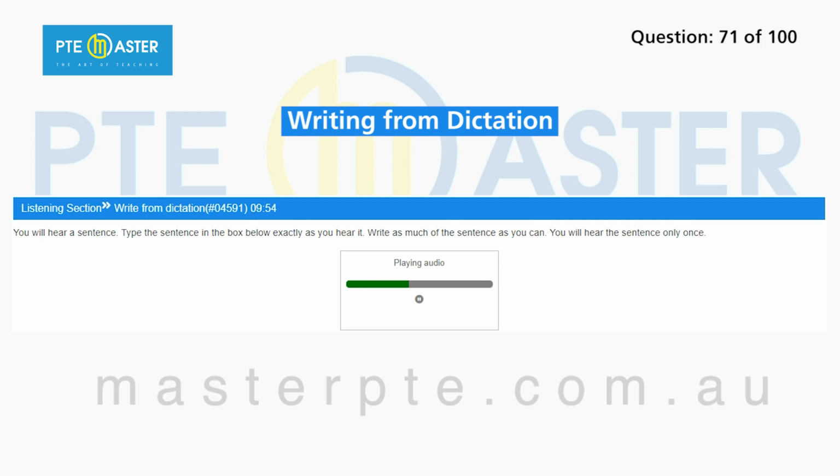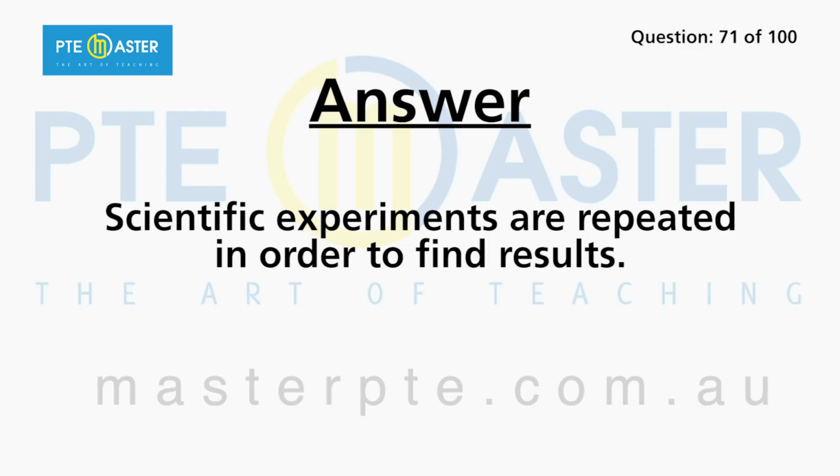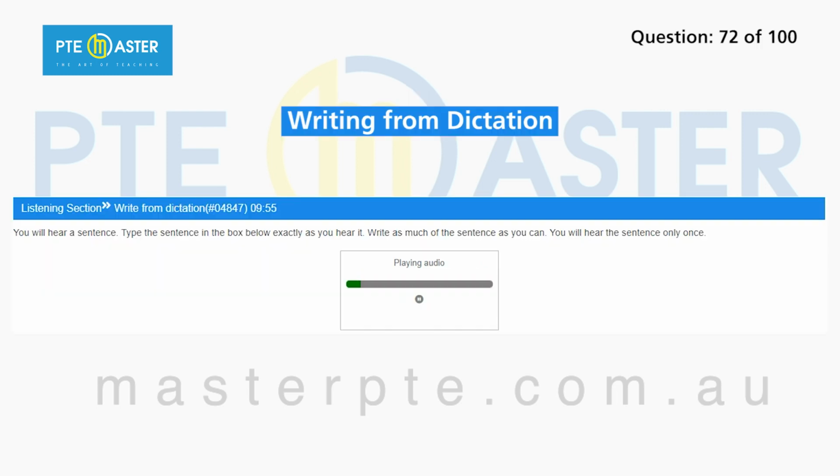Scientific experiments are repeated in order to find results. The program must be conducted to abide by general regulations.